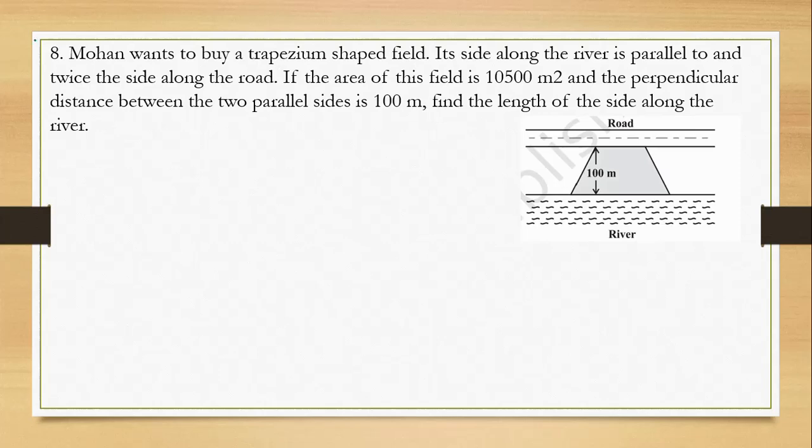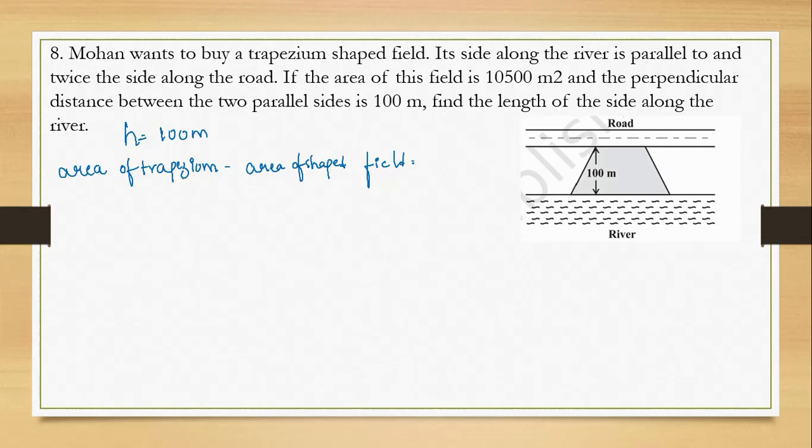First we want to see the values they are given. First they are given the perpendicular distance, that is h equal to 100 meter. This is the given value. And the area of the trapezium shaped field is 10,500 meter square.